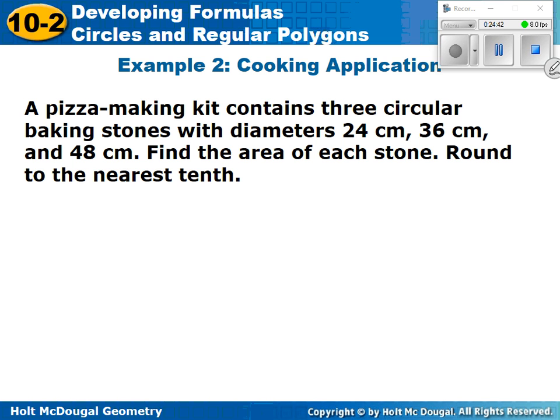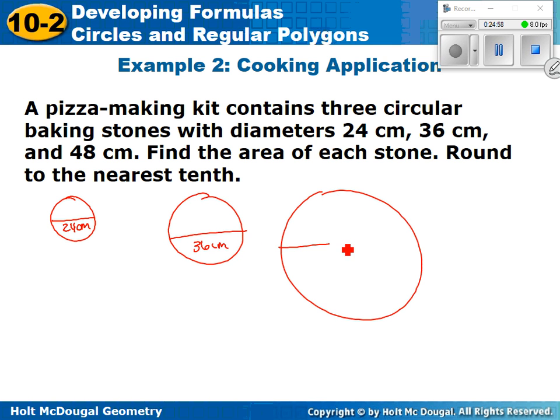The area of each stone. So instead of working all 3 of them, I'm just going to work one of them because it would be the same for all 3. But you've got a 24 centimeter diameter, and then a 36 centimeter, and then you've got a 48 centimeter. So you would do the same thing on each one of these, except your diameter is changing.